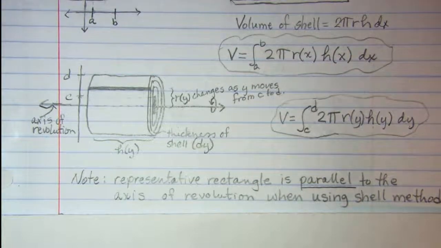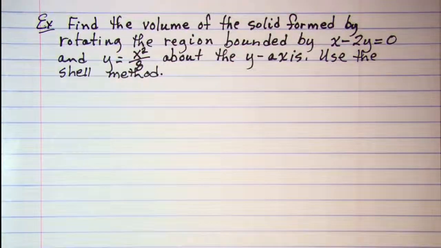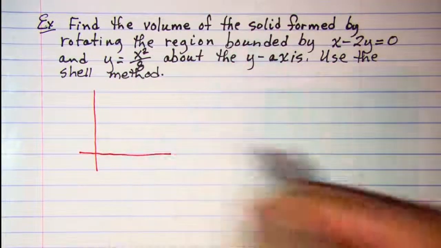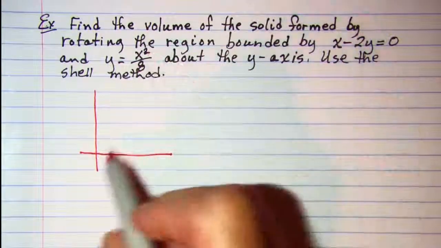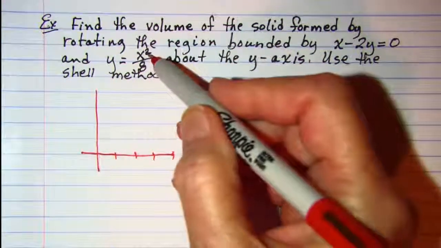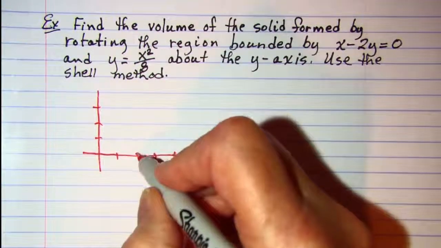Let's do an example. We're asked to find the volume of the solid formed by rotating the region bounded by x minus 2y equals 0 and y equals x squared over 8 about the y-axis, and use the shell method. If x is 2, I have 1/2.